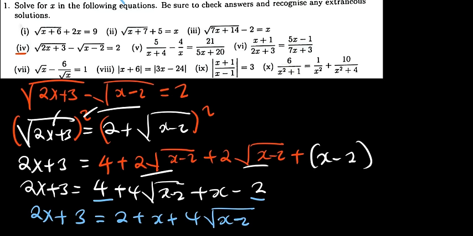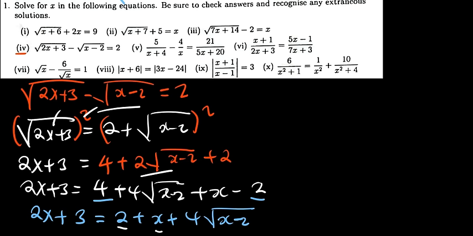Okay, so now since I don't have space on this side, I'm going to continue from here. From this point I can shift this and that to the left hand side because they don't have the square root.